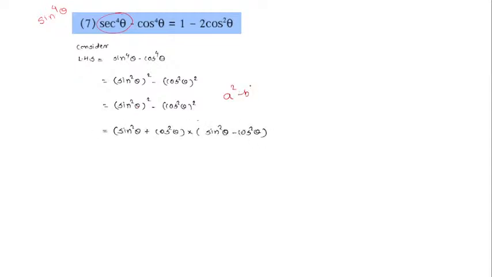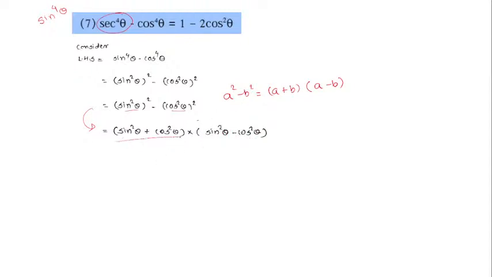A square minus b square, that is equal to, in the first bracket we have the addition of both the terms, and in the second bracket we have the subtraction of both the terms. So same here we have applied. First term is sine square, second term is cos square. So in the first bracket we have added those two, and in the second bracket we have subtracted sine square minus cos square theta. So by the expansion formula we can write this.